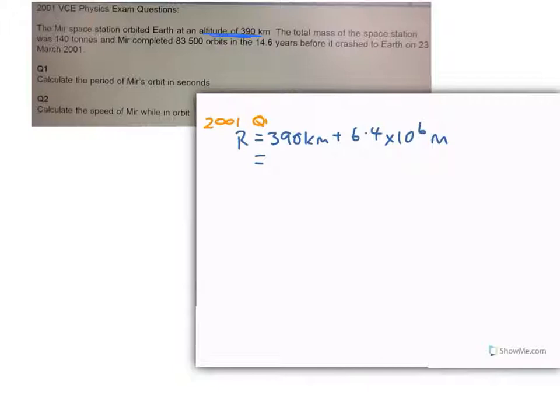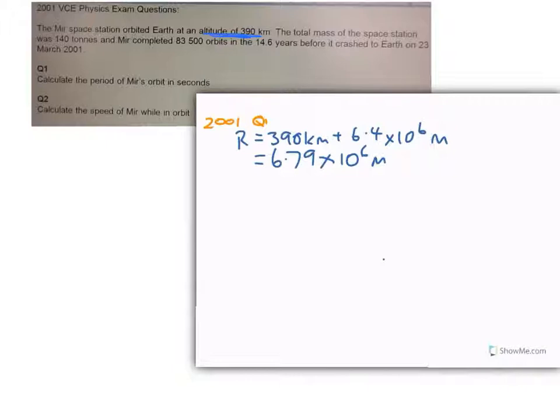I'm just grabbing my little calculator out here to do the calculation. 390,000 plus 6.4 divided by 10 to the power of 6, which gives you 6.79 by 10 to the 6 metres as the radius of orbit for the space station.